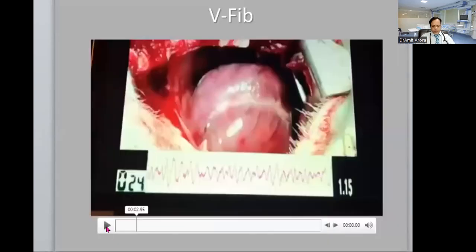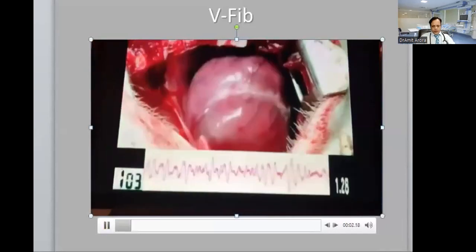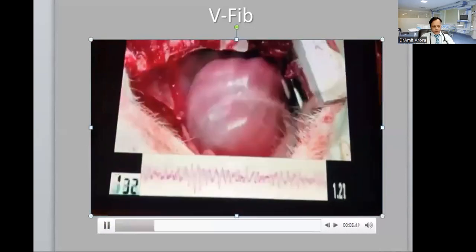Now let us move toward ventricular fibrillation. Please have a look, check this video and share your review. What can you see here?